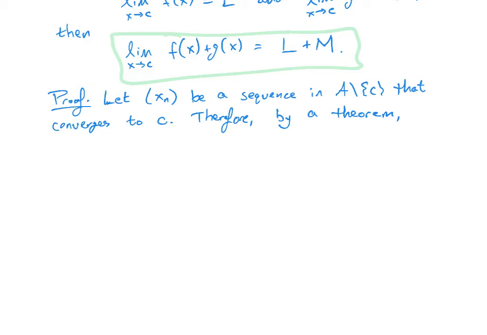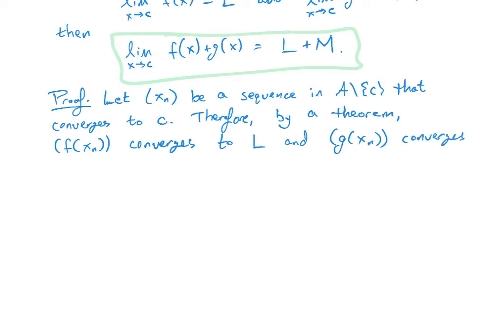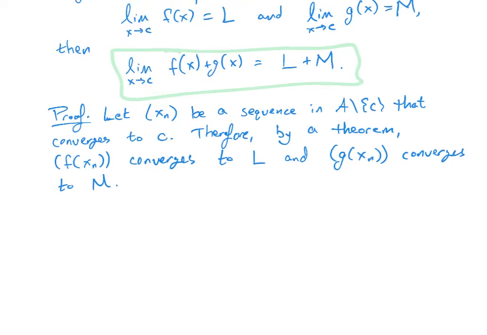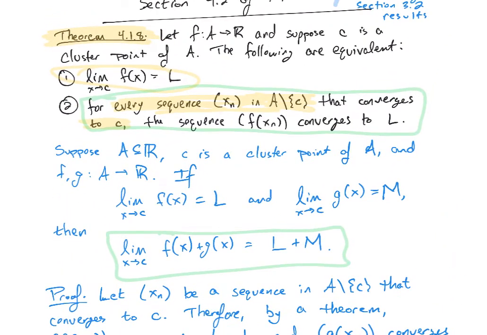The sequence f of xn converges to L, and g of xn converges to M. That's the theorem. I'm using the theorem. It's written right up here, just using the fact that the limit of f is L and the limit of g is M.